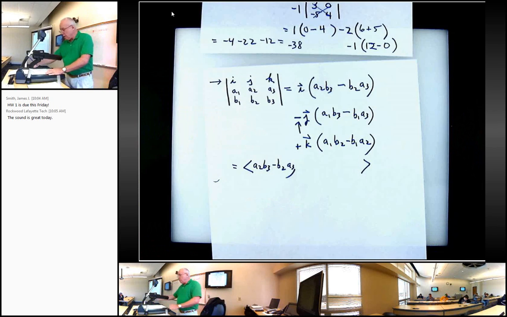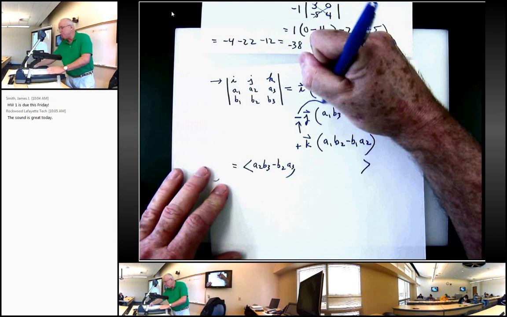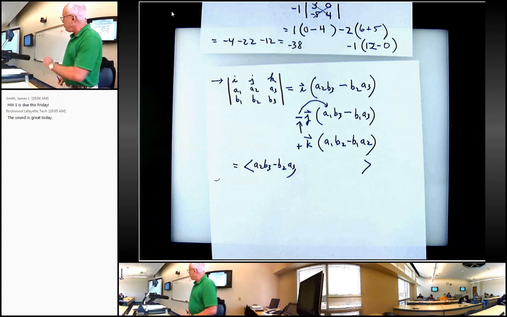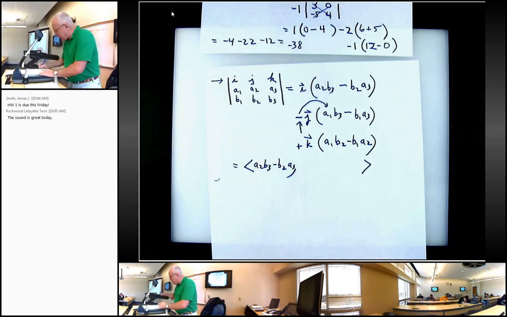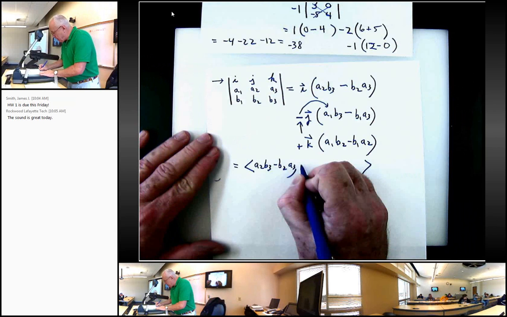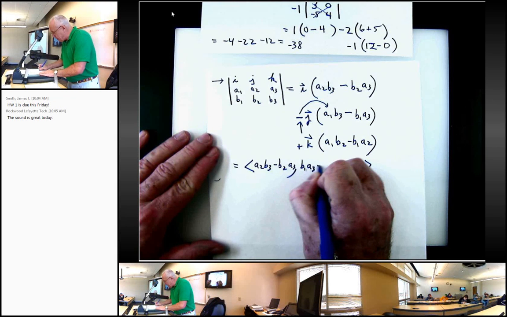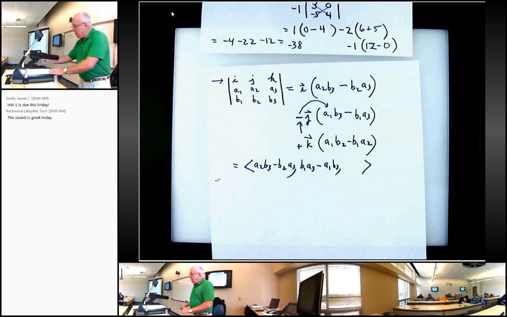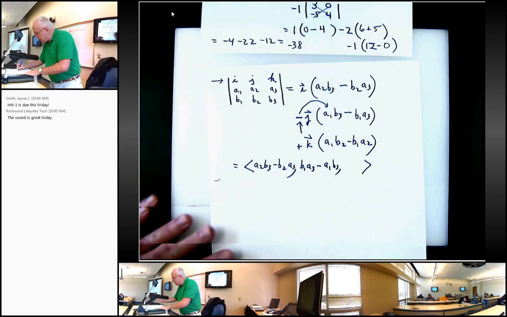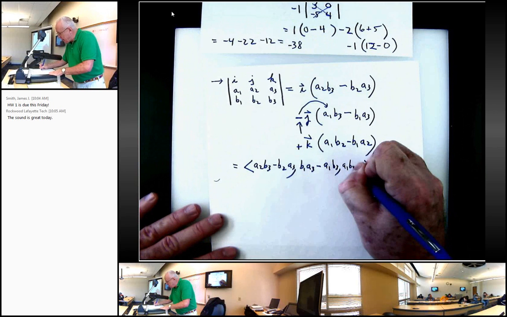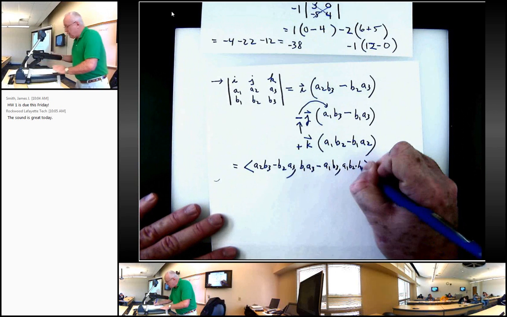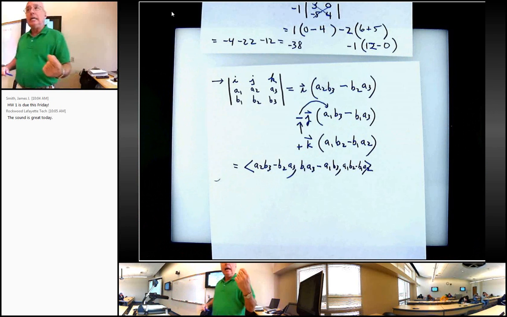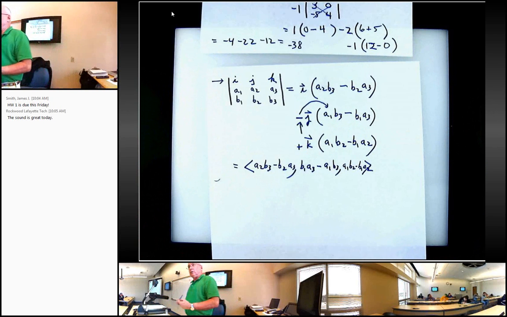Our second component, we're going to be applying the minus sign here to both of those terms, so they're going to flip, and I'm going to have B1A3 minus A1B3. And then my third component is going to be A1B2 minus B1A2. And if you compare that with what I had written at the beginning, they're identical.